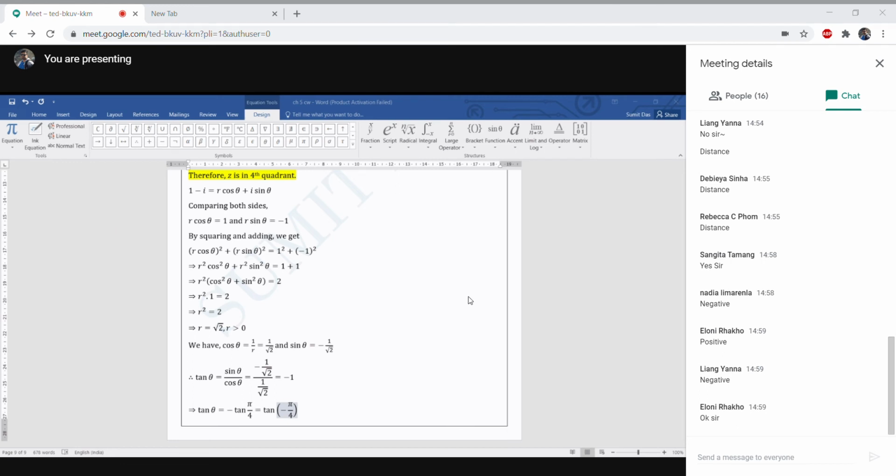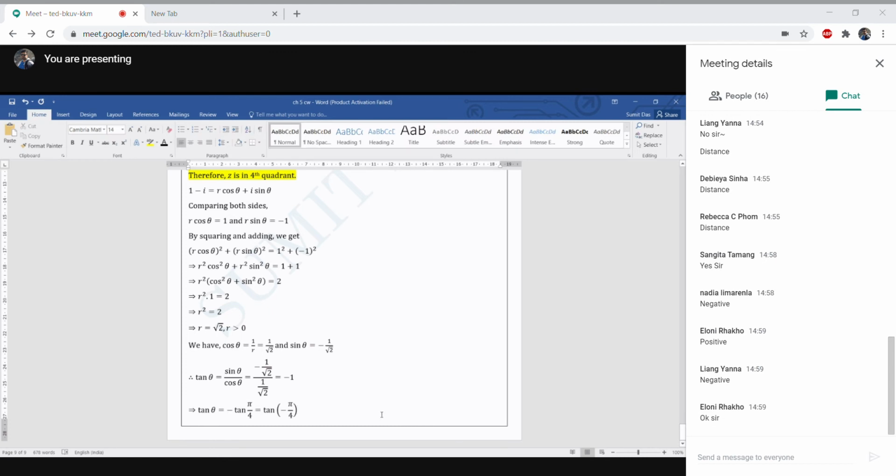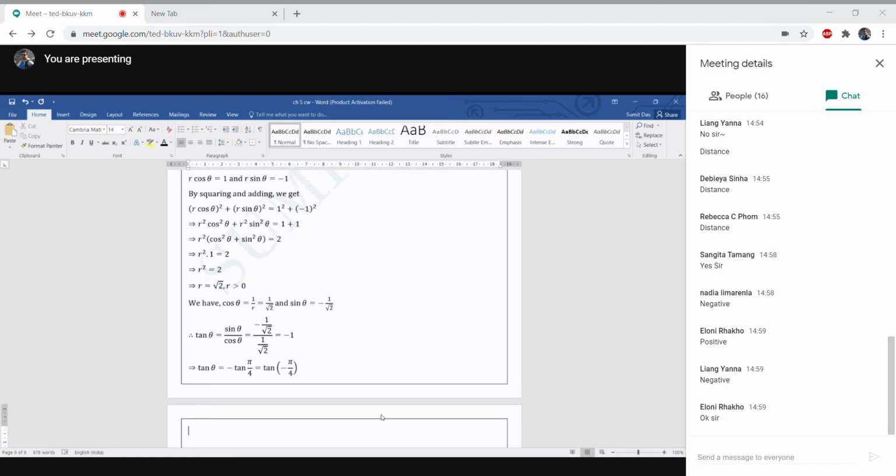Okay, so we can write like this. So what will be the value of theta? Therefore theta equal to minus pi by 4.